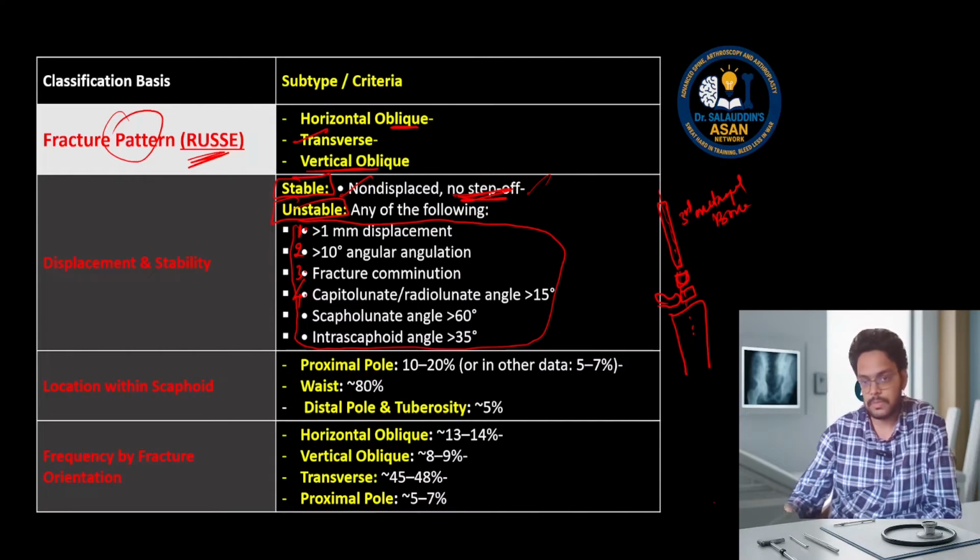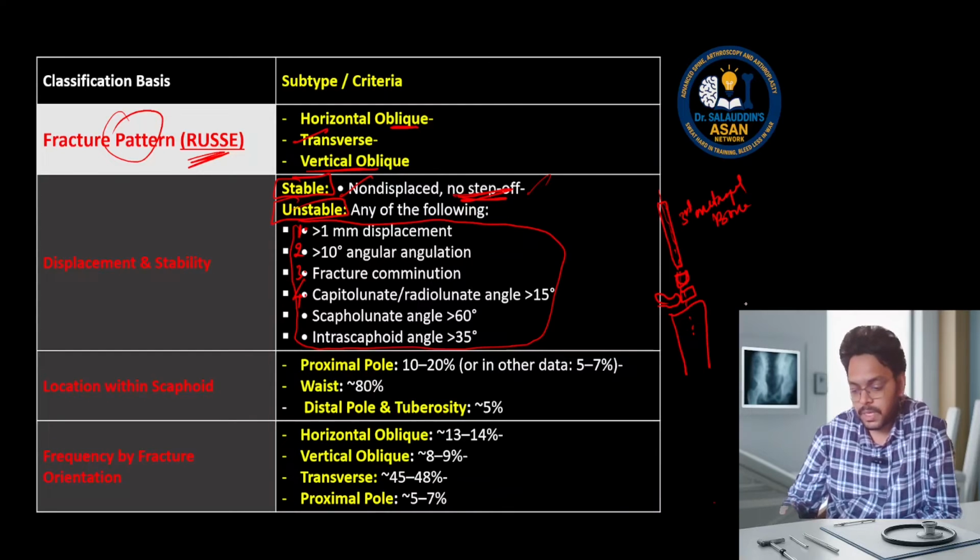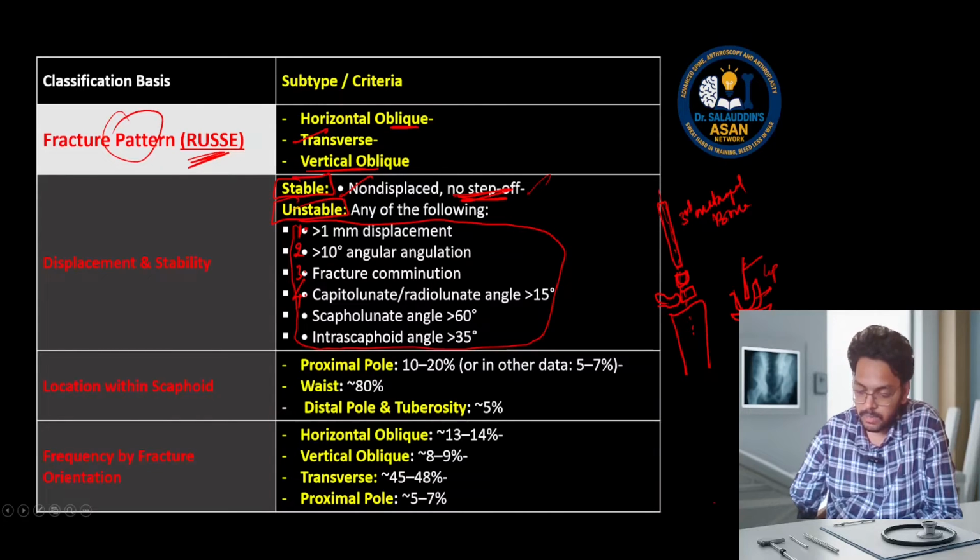This forms the axis of the wrist joint. So you can imagine a saucer, a cup and a spoon. The saucer is the lunate bone, the cup is the capitate bone, and the spoon is the third metacarpal.